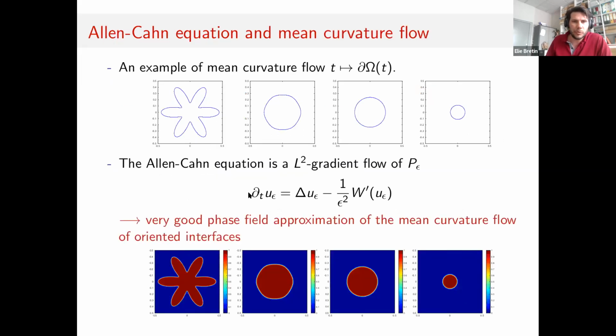This means that if you want to obtain an approximation of mean curvature flow, it's sufficient to solve this Allen-Cahn equation, and you obtain the position of the interface with an error in epsilon square.